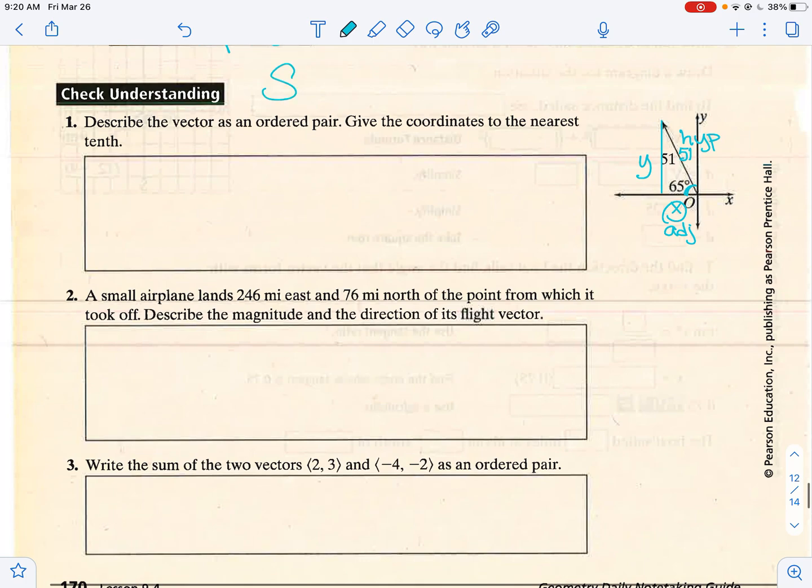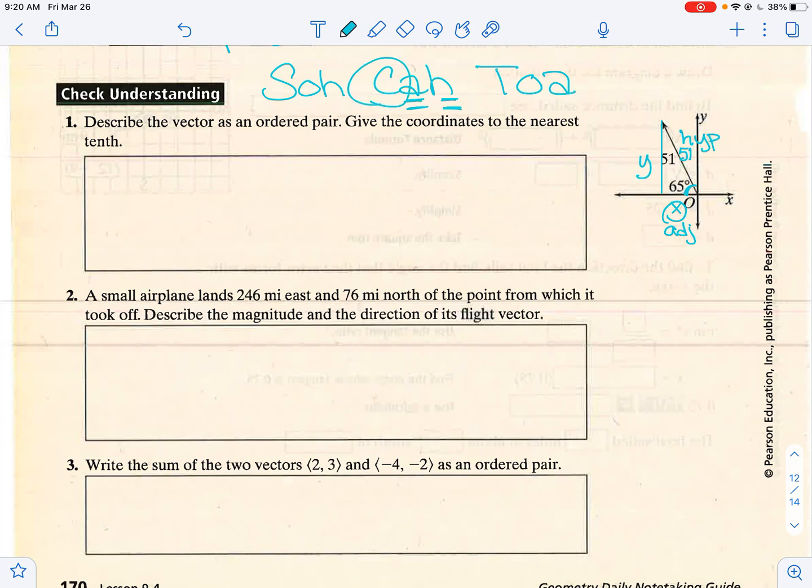And if we have hypotenuse and adjacent, look at SOHCAHTOA, adjacent, hypotenuse, means we need to use cosine. So the cosine of 65 equals x over 51. So we need to do 51 times the cosine of 65 to get x. And if we put this in our calculator, we get about 22.